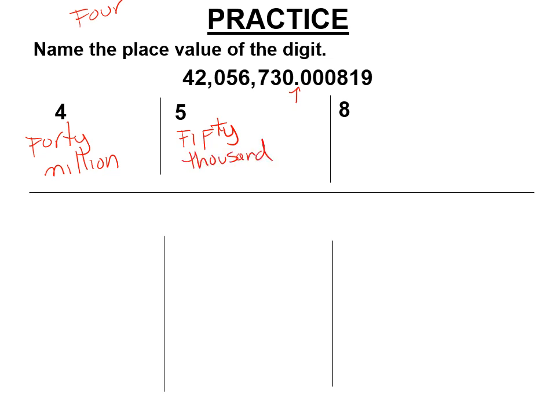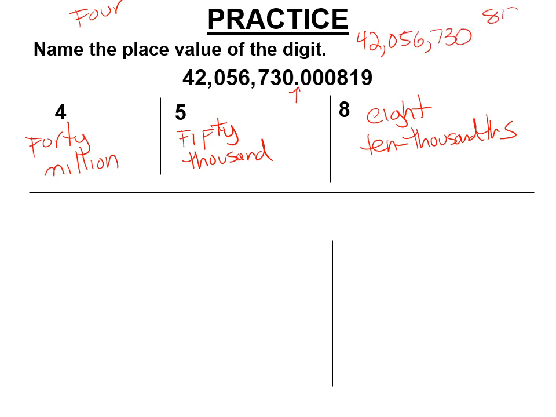And the 8 is 8, and we're 4 places over, 10 thousandths. So this would be 42,056,730 and 819, and we're in the millions again, 819 millionths.